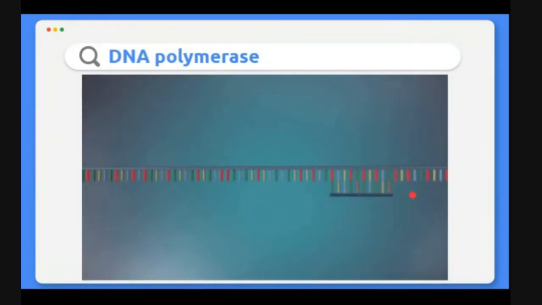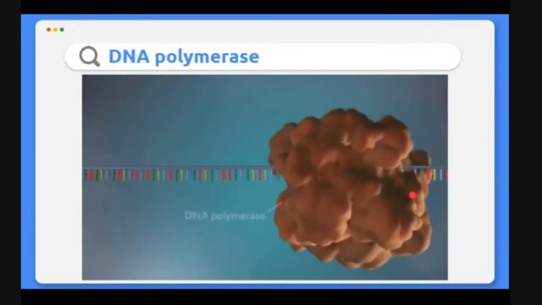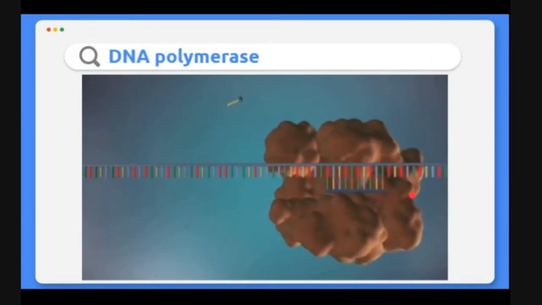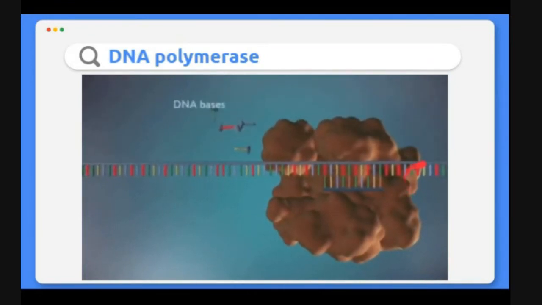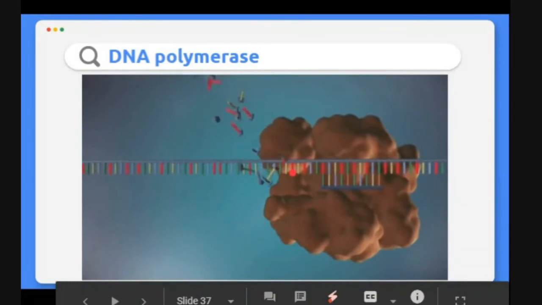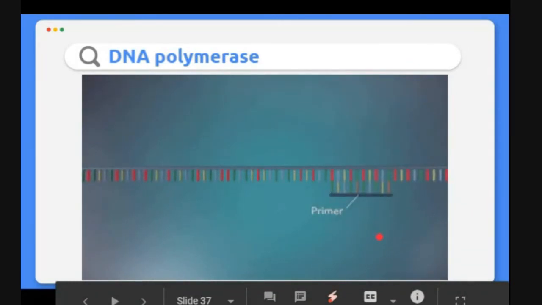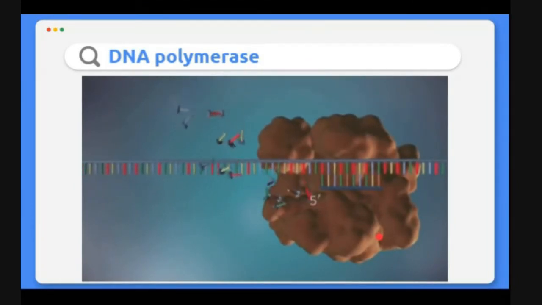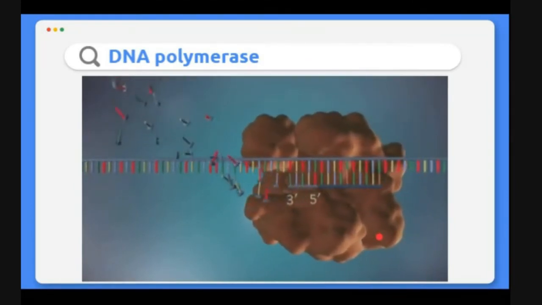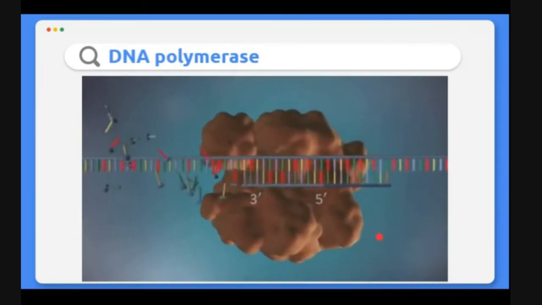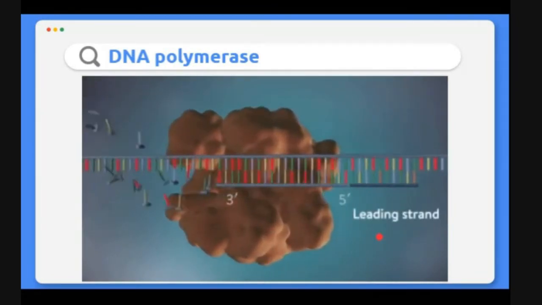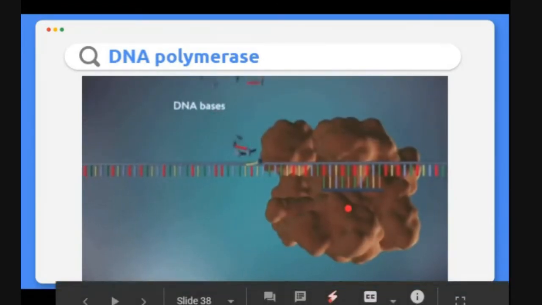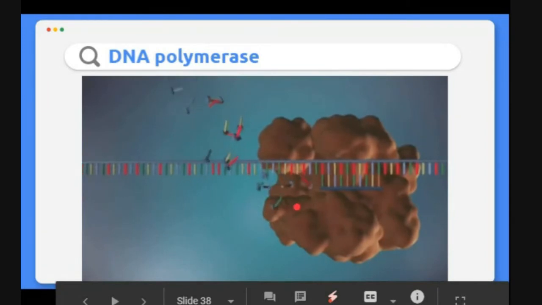So, ito, tingnan niyo, para di lang kayo puro imagine, di ba? Merong mga animations na available online. Yung DNA polymerase, ina-add niya yung bases. And in the leading strand, the addition of the bases is continuous.